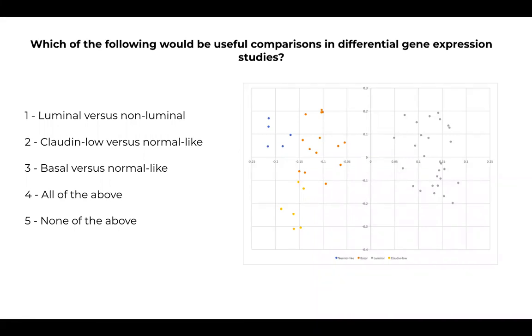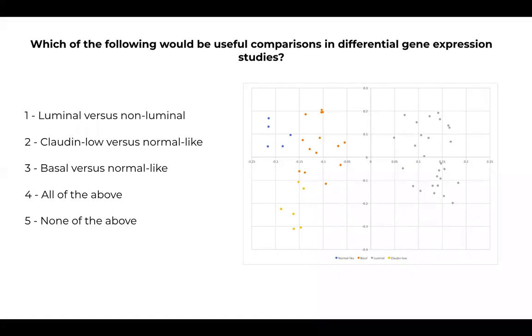That's a correct answer. But Claudin-low versus normal could also be a correct answer if you want to differentiate those two. In this graph I can see that all of them are somehow being separated into different areas. Out of the distribution where everything was cluttered and all around the place, we came to this graph where they are separated quite well.